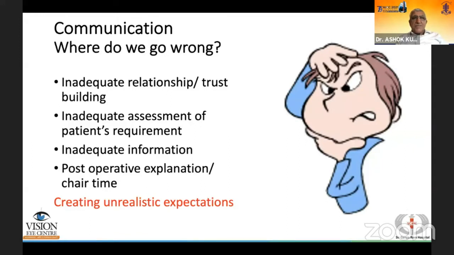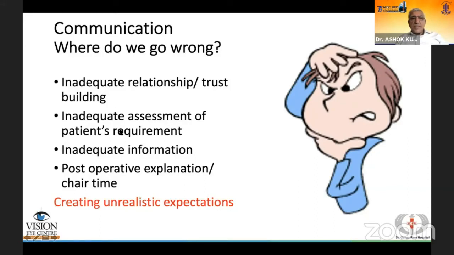Now we've looked at what the communication should be. Now let us look, where do we go wrong? One of the major things is that we don't develop that relationship. Even if we are very busy, amongst the staff, there should be somebody who communicates enough to build a relationship of trust. Second aspect is inadequate assessment of the patient's personality, his expectations, his requirements, which is very important.